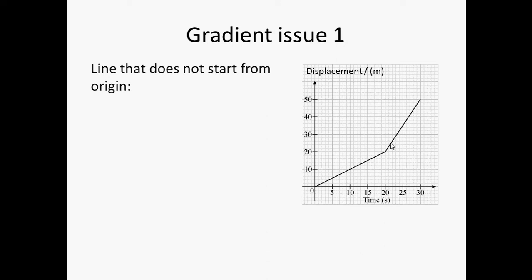Now, in this question, there is a particular line that doesn't start from the origin, and I'm referring to this line. If you extrapolate it downwards, you will not cut the origin. So what's wrong?